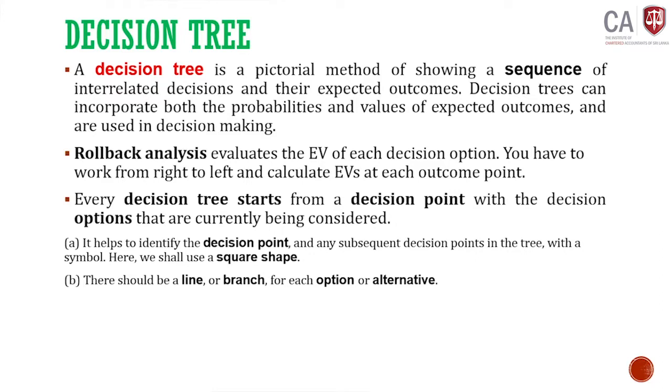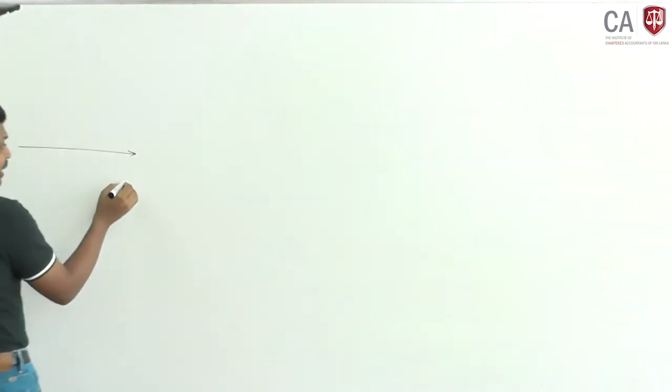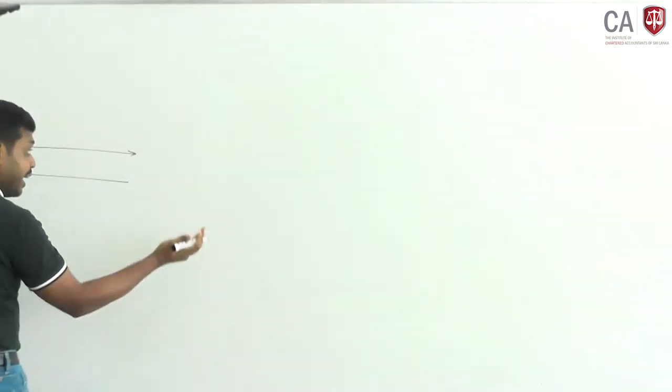We call this rollback analysis. Why? There are two approaches called the forward pass and the backward pass method. Generally, when we discuss network diagrams also, we discuss the forward pass and backward pass. Forward pass means we start from left to right and construct the decision tree, and we work it out from right to left.